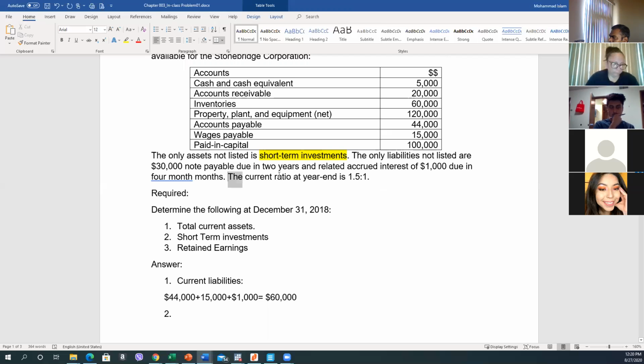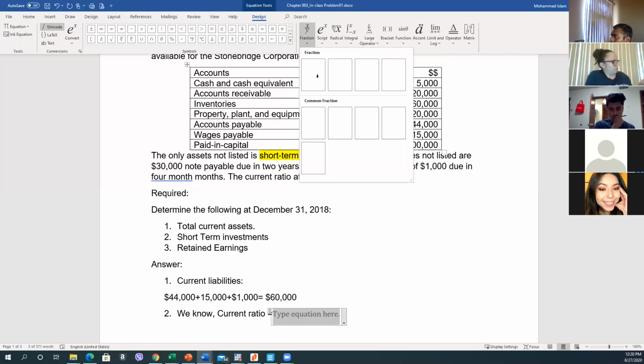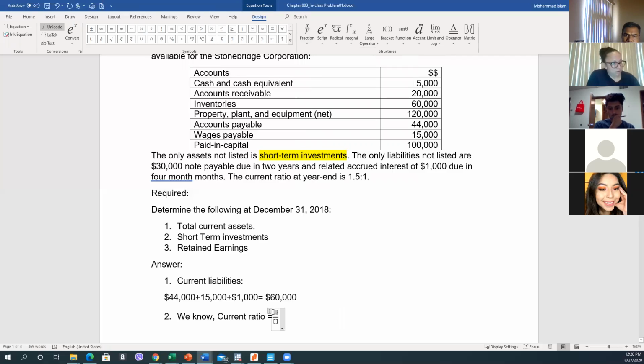Okay. So actually we need to apply the current ratio formula. So we know the current ratio is equal to current assets over current liabilities.